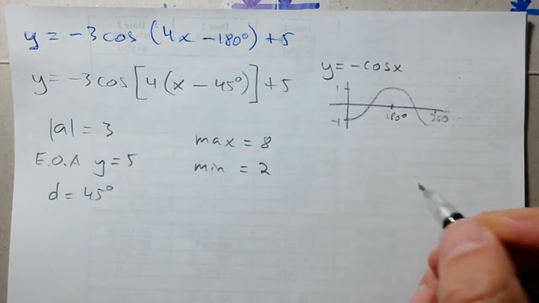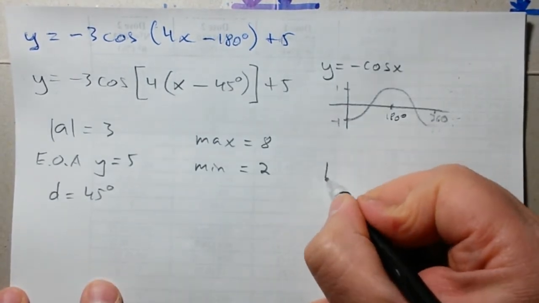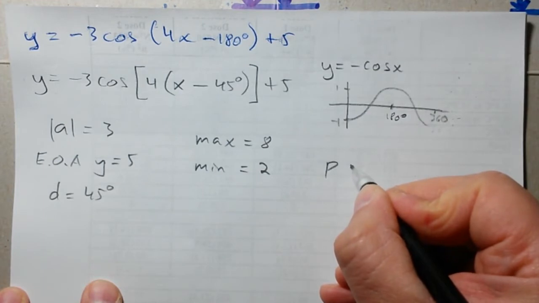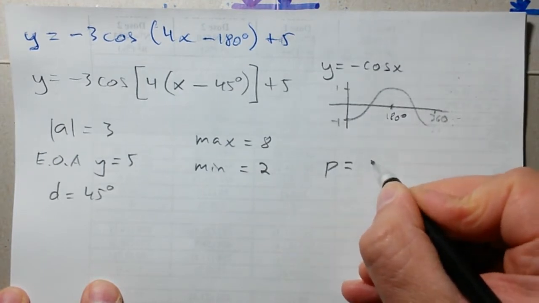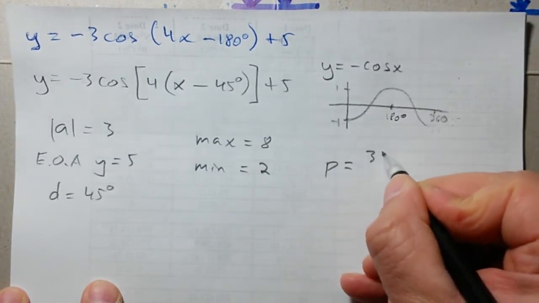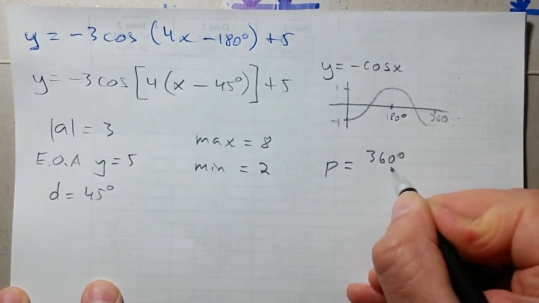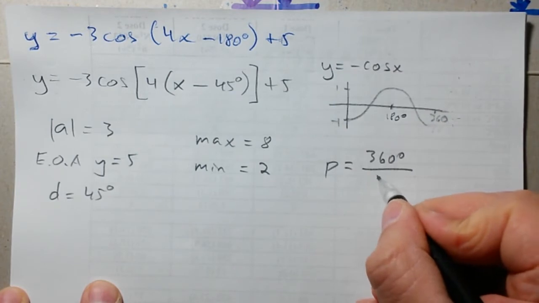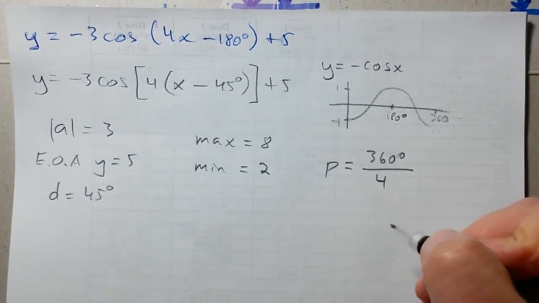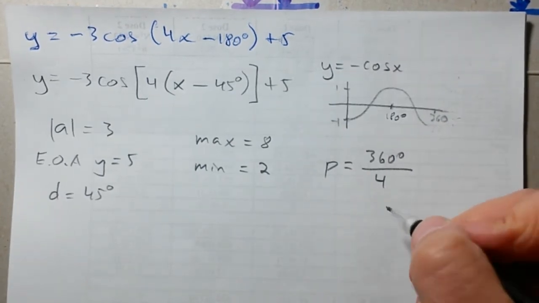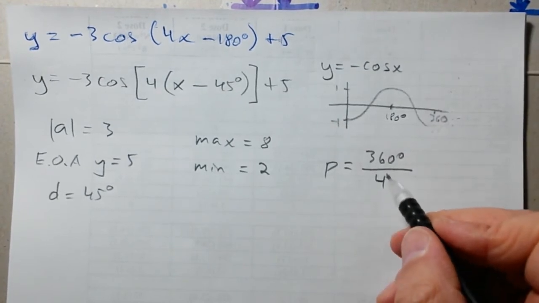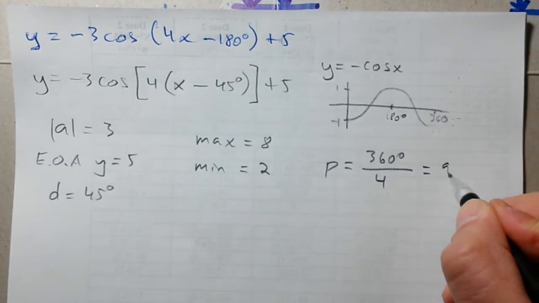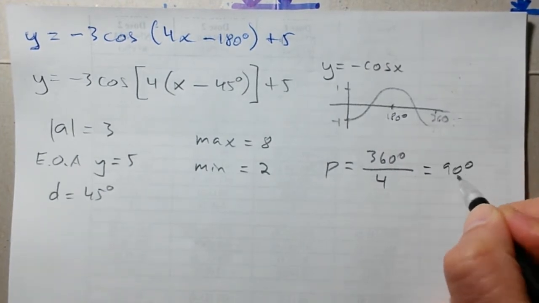And the last thing we need to do is collect the period. Period is going to be equal to 360 degrees divided by 4. So what's 360 degrees divided by 4? Well, it's 90 degrees. So that's our period.